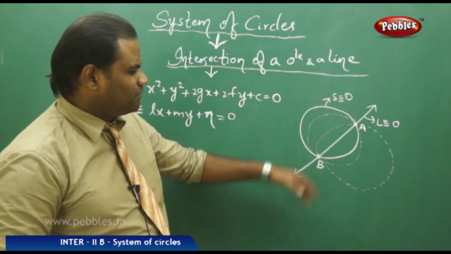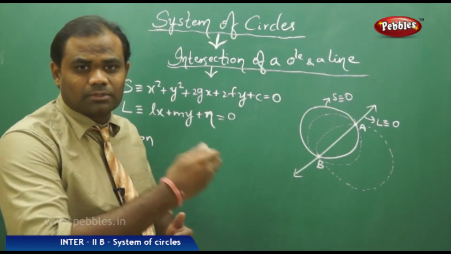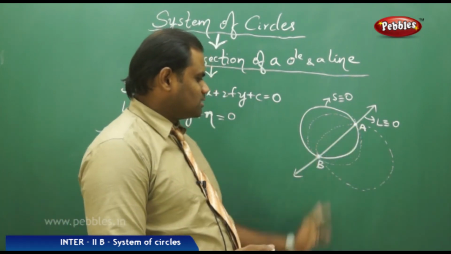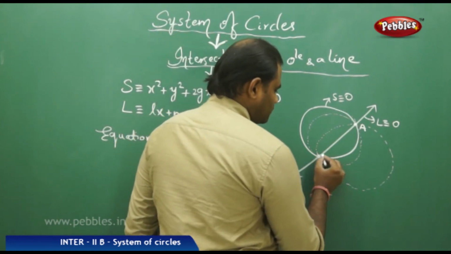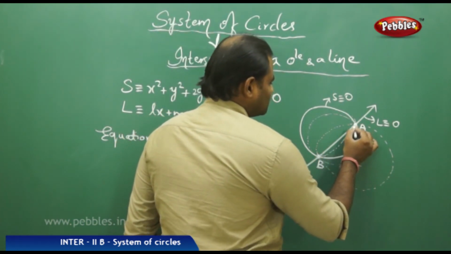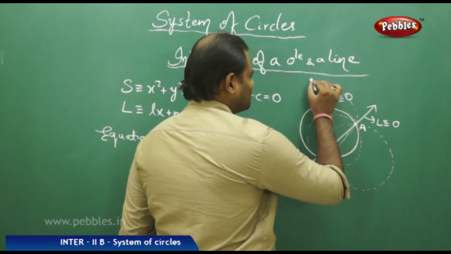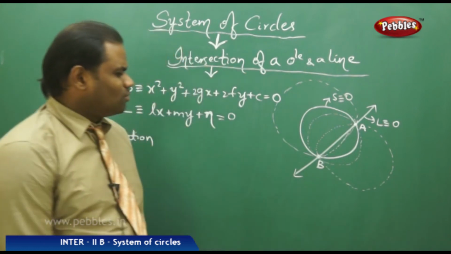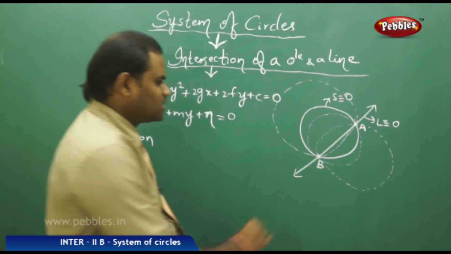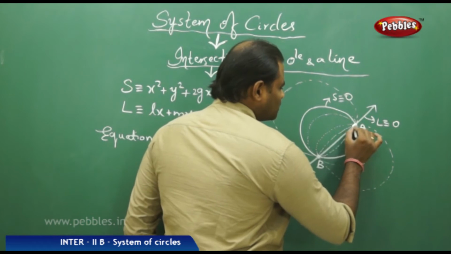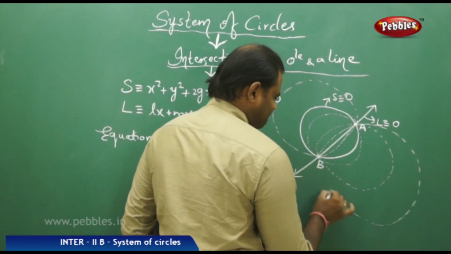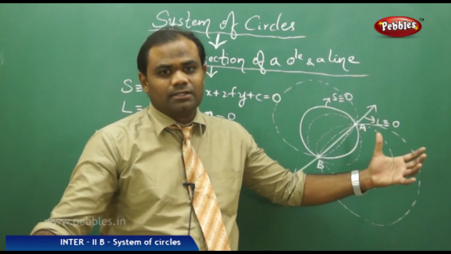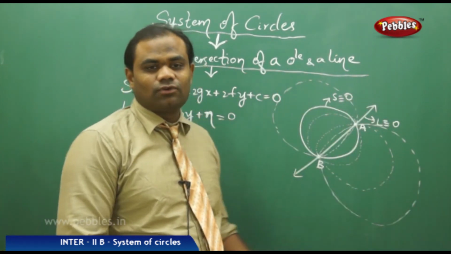So like this, we have different types of circles which can be formed using AB as the chord. One of the circles is this, one is this. There might be one more circle which can be formed like this, etcetera. So we have a system of infinitely many circles which can be formed from the chord AB. So this infinitely many circles form a system which you're going to see as a formula.